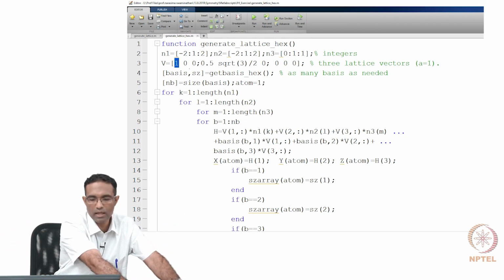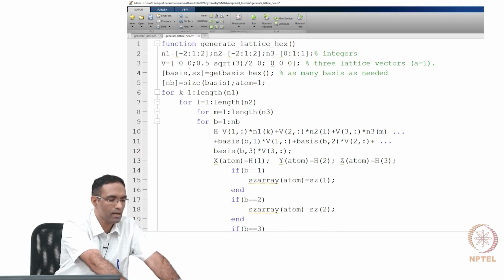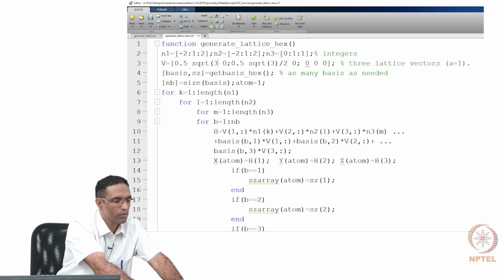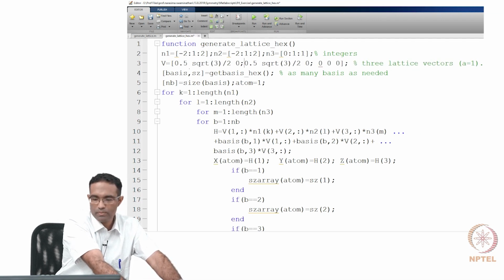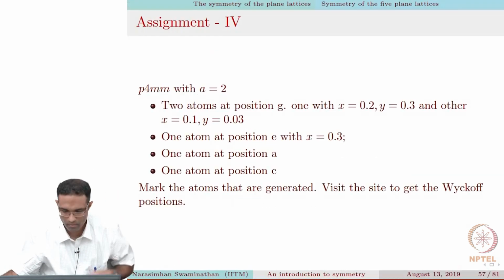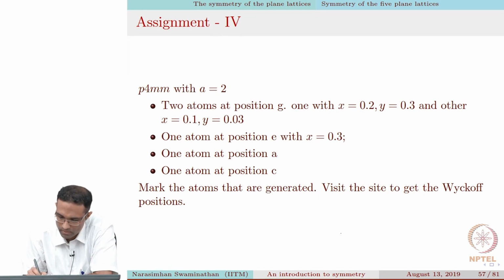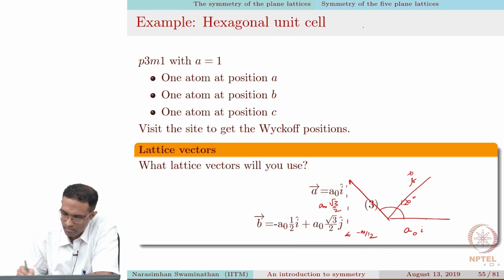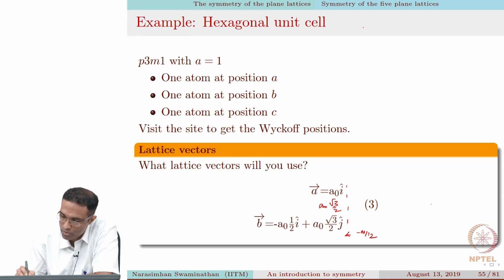Another choice would be, say, 0.5, square root of 3 by 2, and 0.5, minus square root of 3 by 2, which is this, right? Let me draw it neatly.